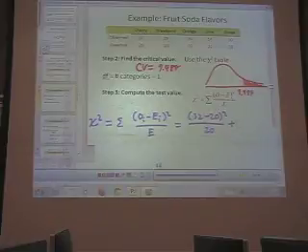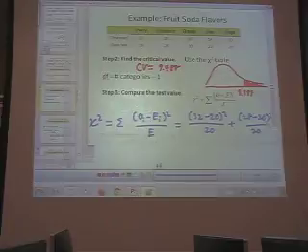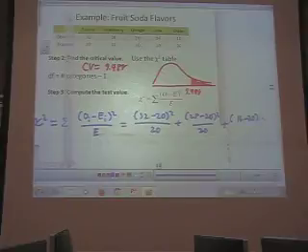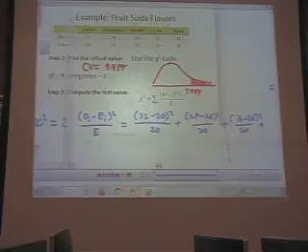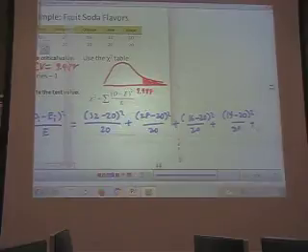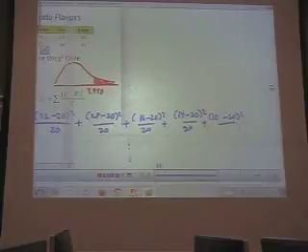Next one, 28 minus 20 squared over 20. I'm just going to do these really quickly. 16 minus 20 squared over 20 plus 14 minus 20 squared over 20 plus 10 minus 20 squared over 20.